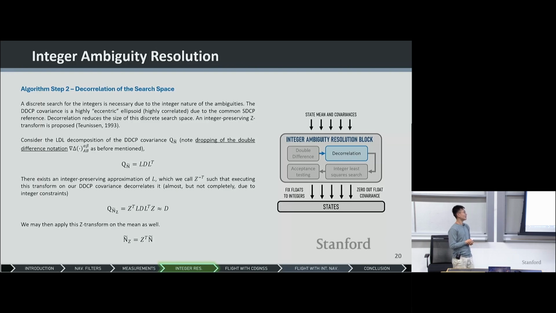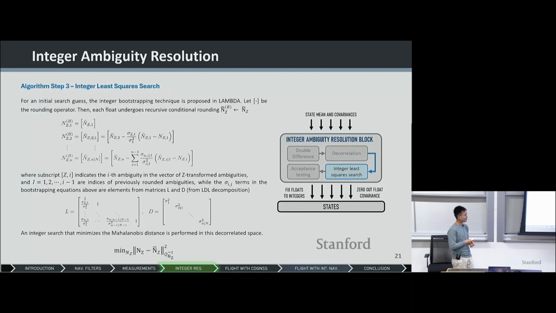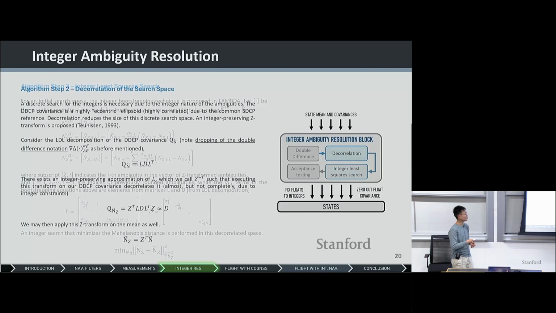And so we do something called an LDL decomposition, where ideally an LDL decomposition would be able to give us a much more circular, less elliptical covariance, because it's brought out the eigenbasis. And if you plot the geometry of just a diagonal matrix, that's a perfect circle.